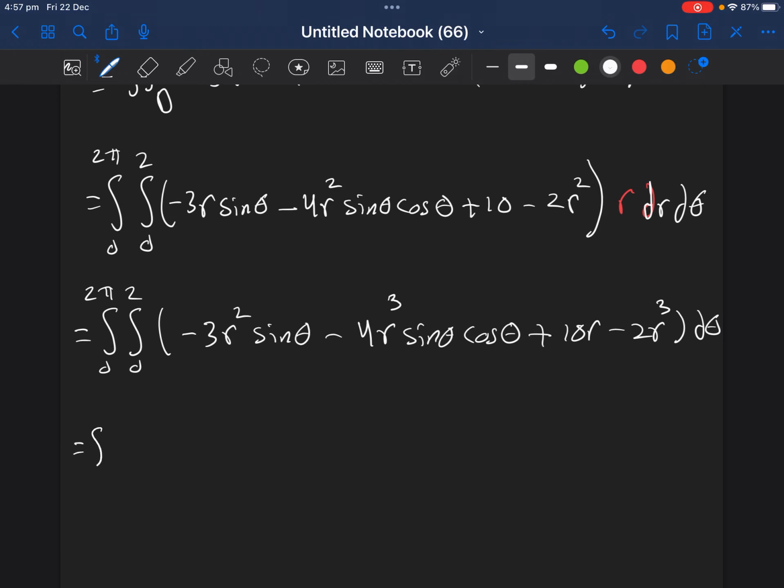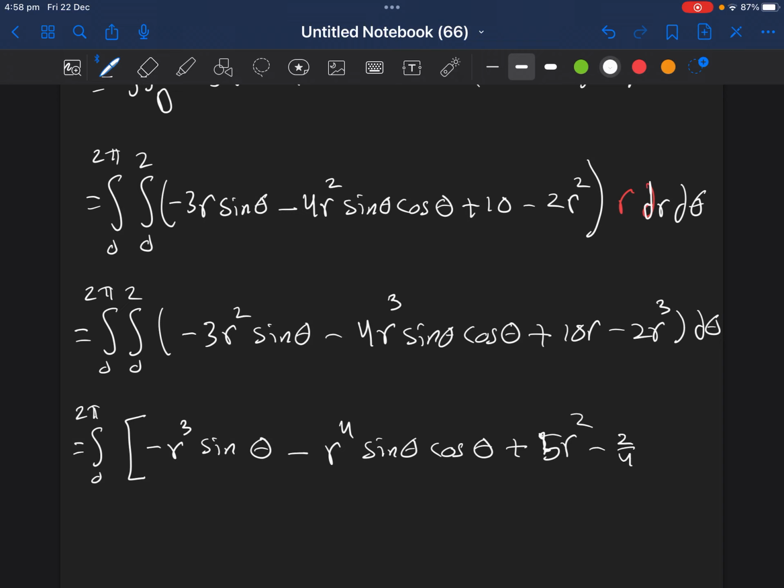If we do the first integral with respect to r, this will be negative r cubed sine theta, negative r to the power 4 sine theta cosine theta plus 5r squared minus 2 over 4 r to the 4, from 0 to 2.